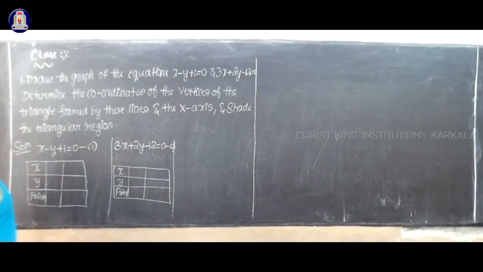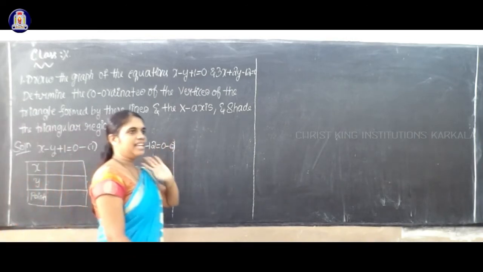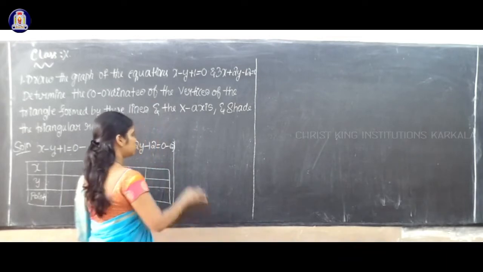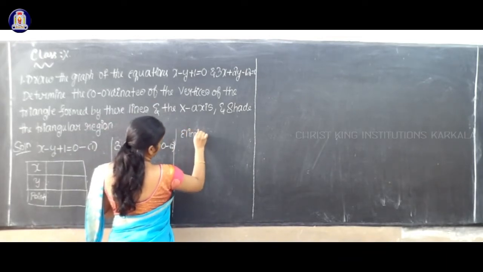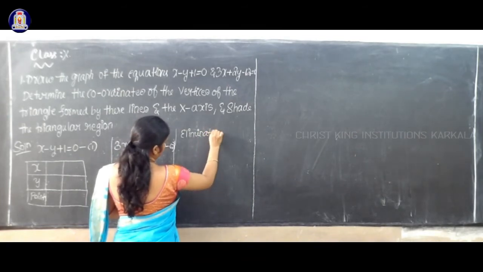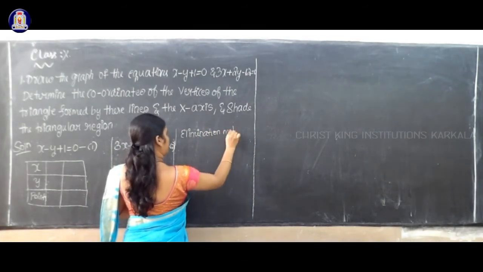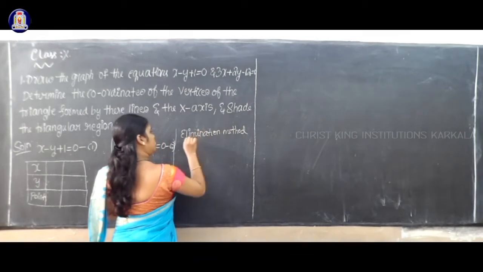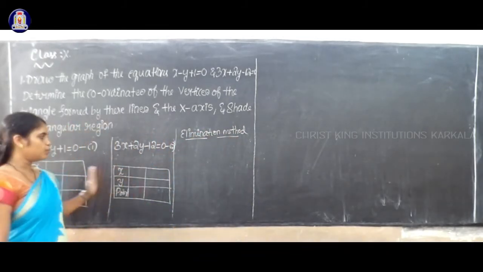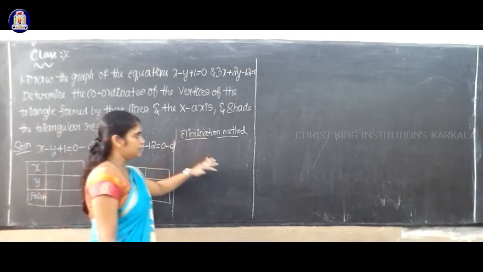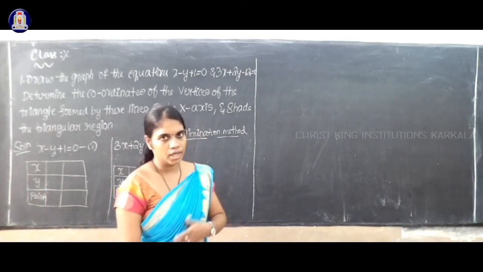In the third column I will take the elimination method. By using the elimination method, I will find out the common point.